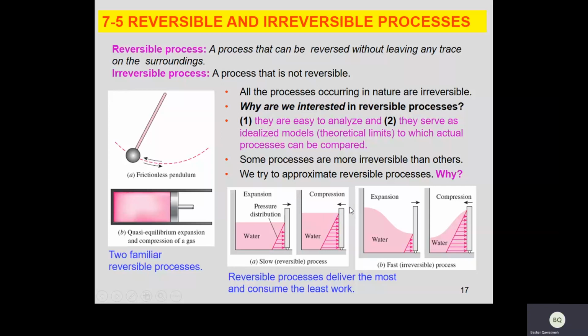While in the compression, compared with the irreversible process, a similar conclusion can be drawn. So the reversible processes deliver the most work and, when we talk about compression, consume the least work. So they are idealized models. Examples of the reversible processes: frictionless pendulum and quasi-equilibrium expansion and compression of a gas.